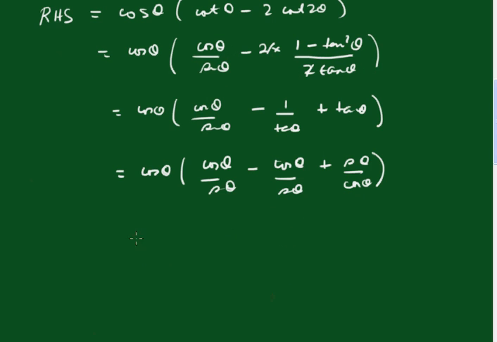Okay, which equals, these two go out, and you get cos theta times sine theta over cos theta. The cos's go out, and you get sine theta, which of course is the left-hand side. Therefore, right-hand side equals the left-hand side.